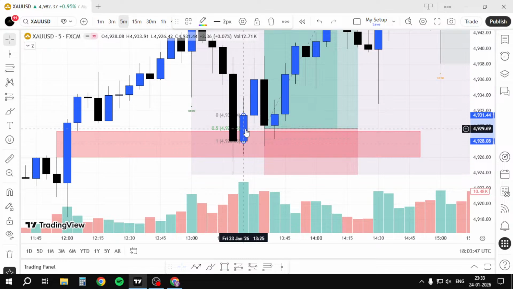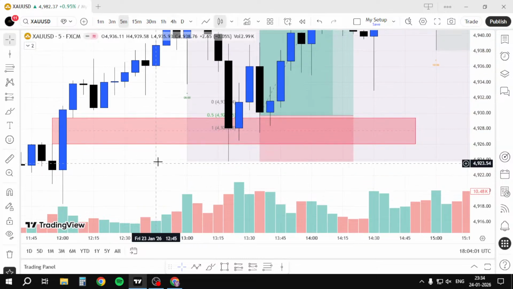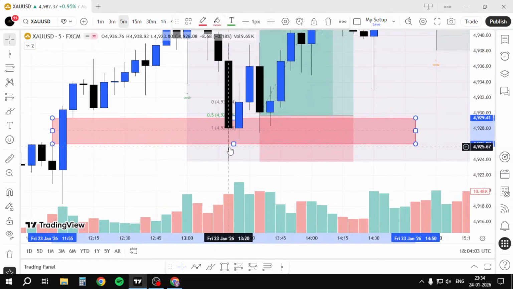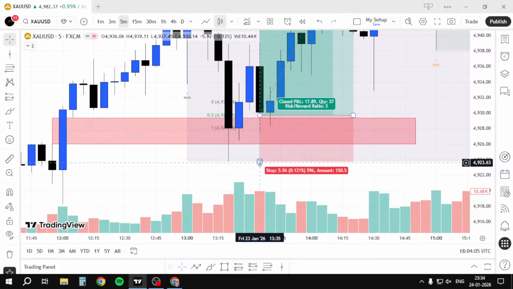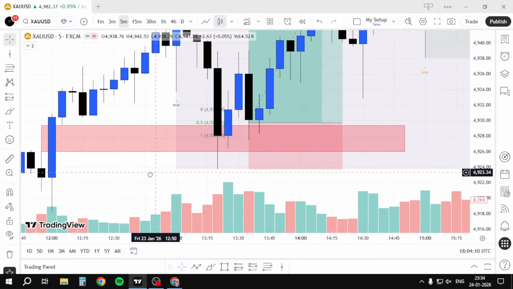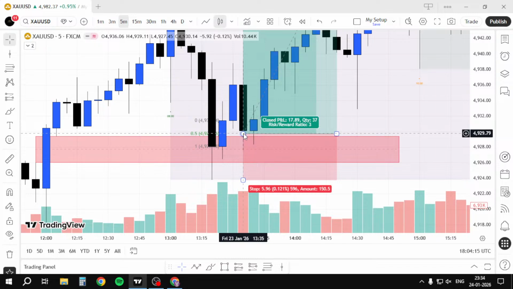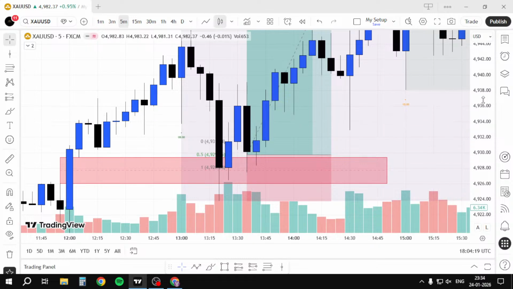Put your limit order just at its 50%, stop loss below this candle. As the zone got already tapped and fully liquidated, you can safely put your stop loss below this candle, no problem. Then the market will eventually come to your entry zone, tap your order, then go upside.